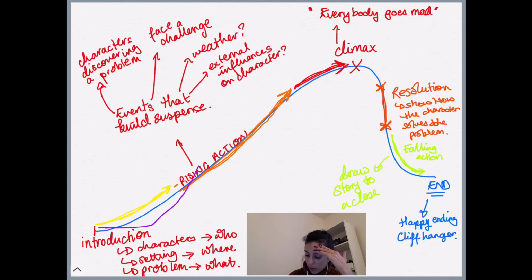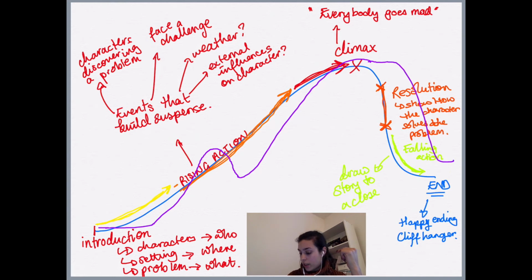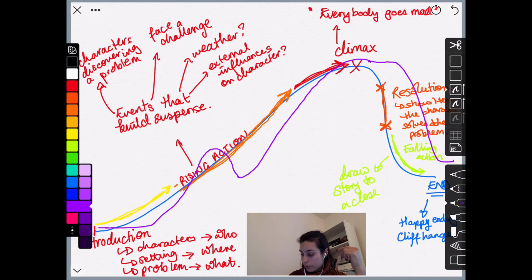You could then go up here for your rising action and have a small challenge, and then go down again. And then go up all the way to the climax. And you could stay there for a little bit and then come down to your ending. That's okay.